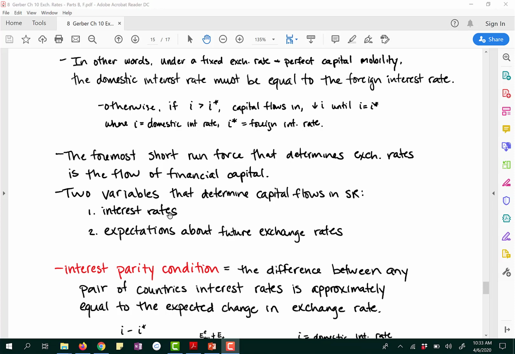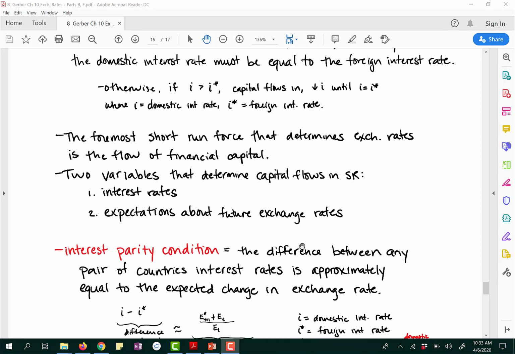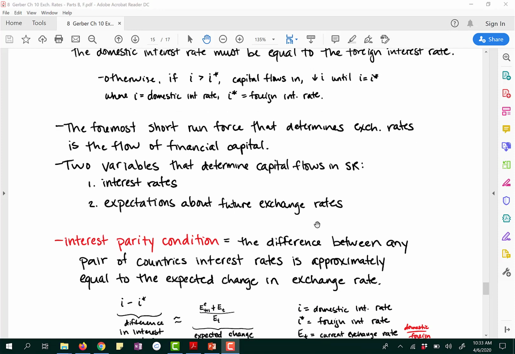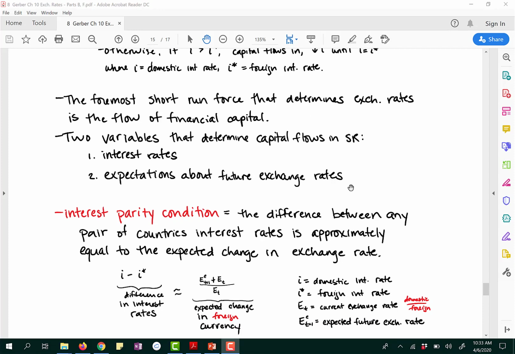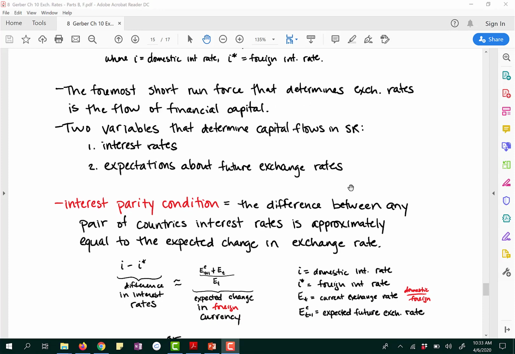But there's another factor that influences capital flows that we haven't yet discussed, and that's expectations about future exchange rates. If you're considering the decision of whether to buy a domestic bond or a foreign bond, you take into account not only the rate of return that you would receive on those bonds, but you also have to take into account possible future changes in the exchange rate.